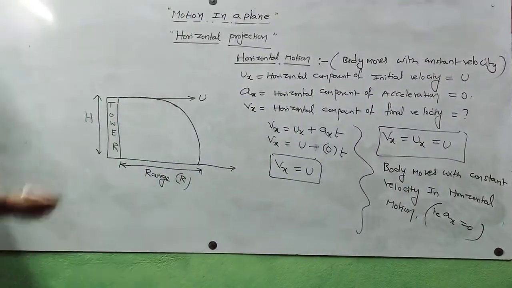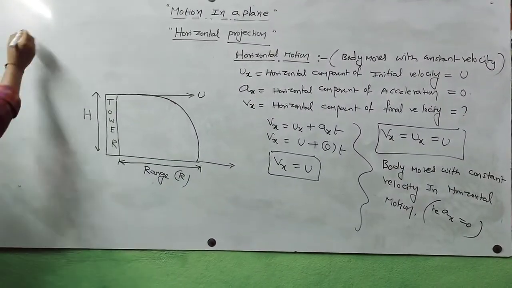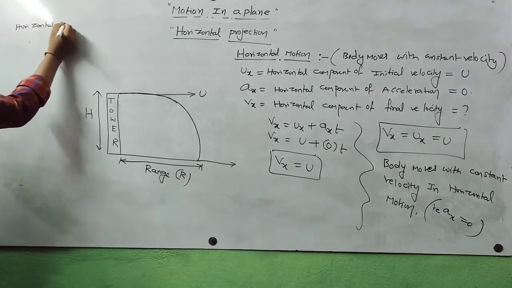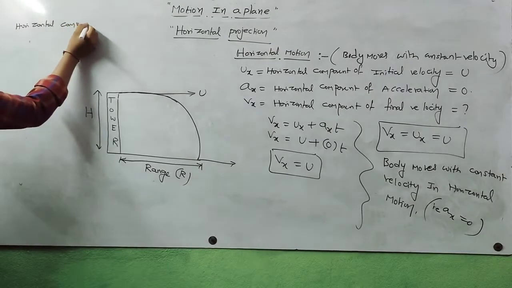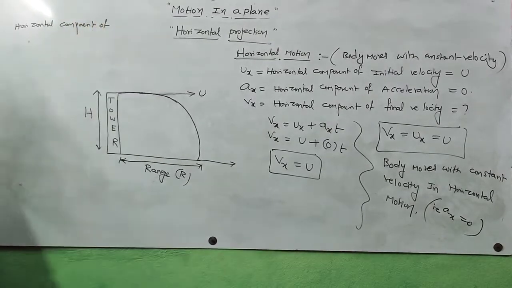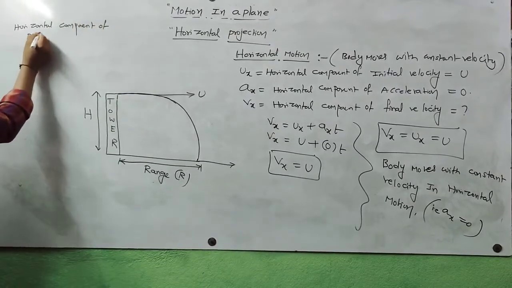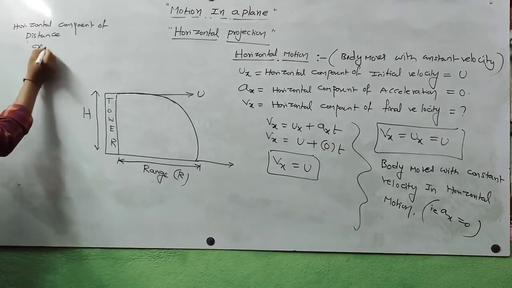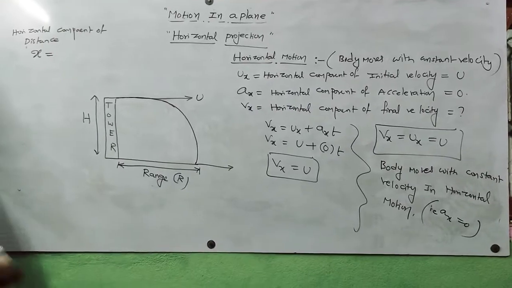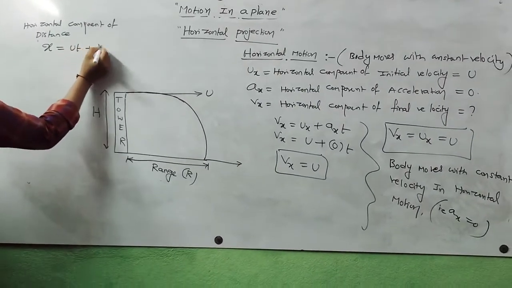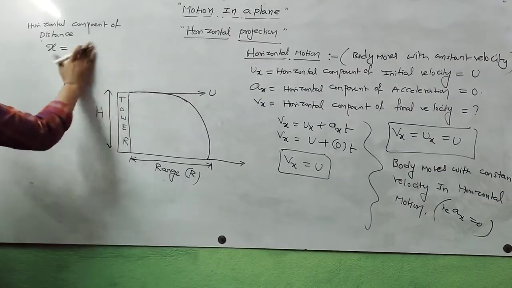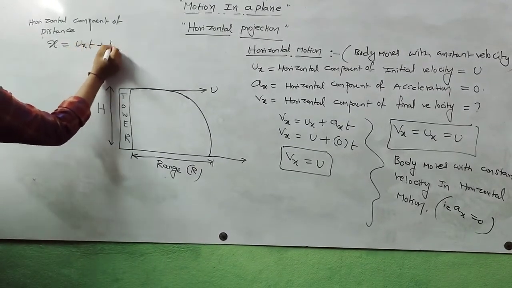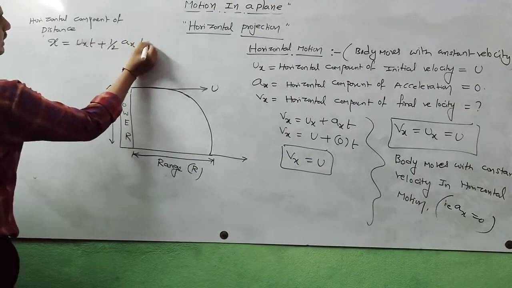Next, what do we need to find here? The horizontal component of distance, indicated by x. x is equal to ut plus half at square. That is, x is equal to ux into t plus half into ax into t square.